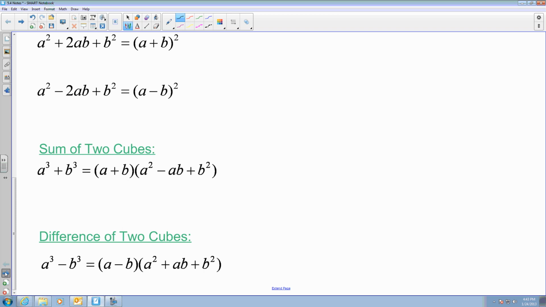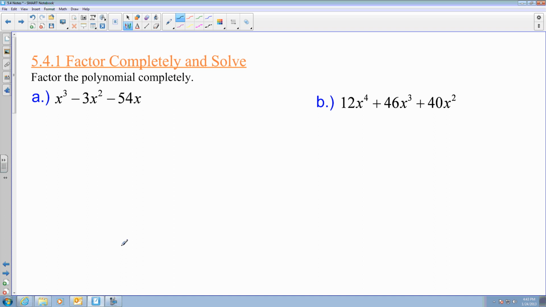So keeping that in mind, let's do some examples. I have x cubed minus 3x squared minus 54x. The first thing I'm going to do is factor out an x. So now I have x times x squared minus 3x minus 54.